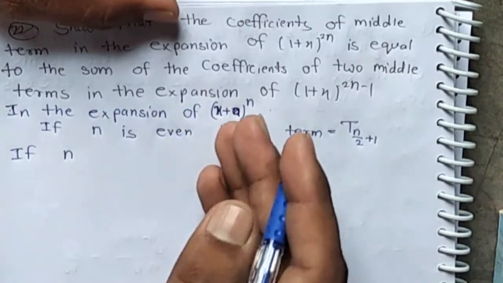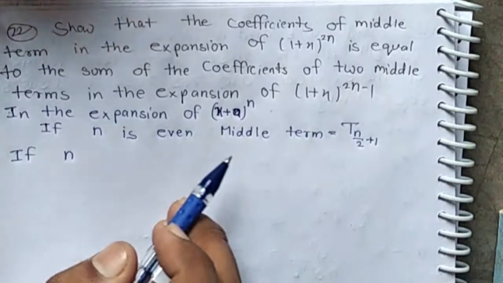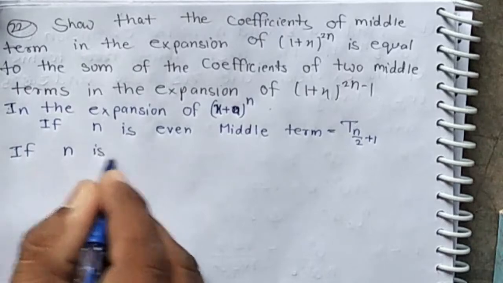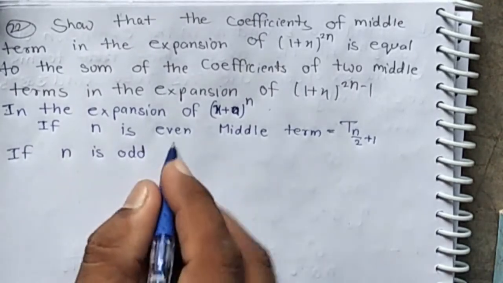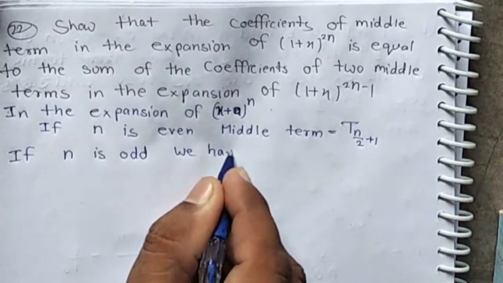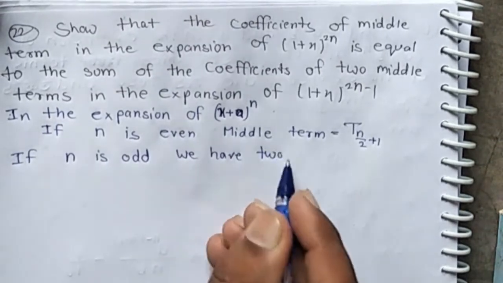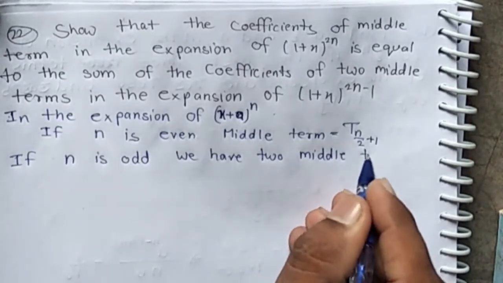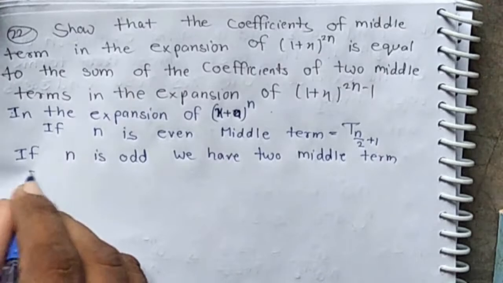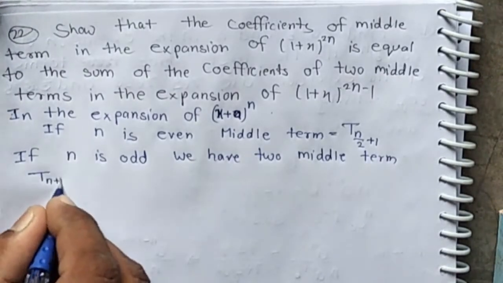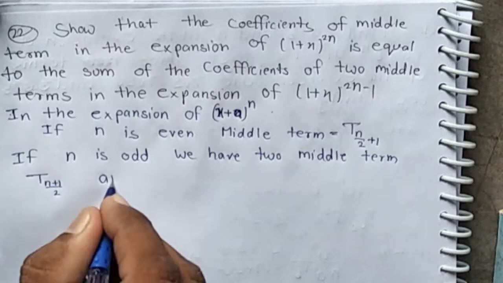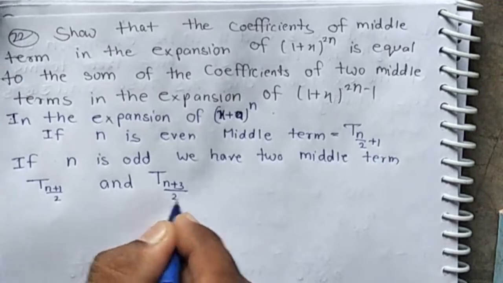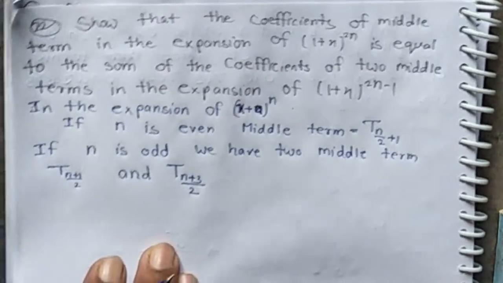In the expansion of (x + a)^n, the middle term is given by T(n/2 + 1) when n is even, and when n is odd we have two middle terms, T((n+1)/2) and T((n+3)/2). We have two middle terms.